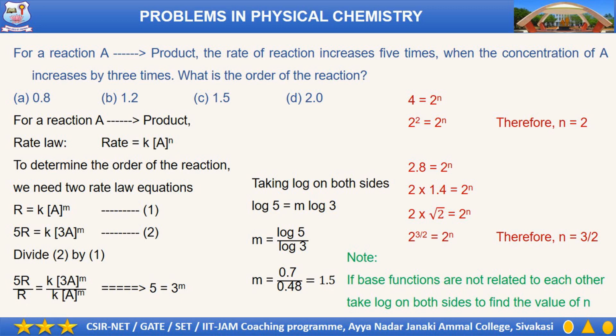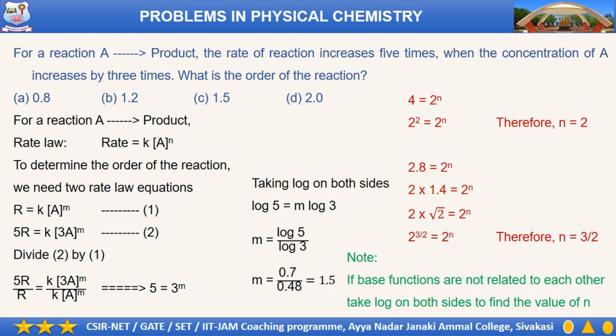Then we have to change the concentration of A. The concentration of A is increased by 3 times, so the concentration becomes 3A power M. When the rate increases 5 times, that is 5 into R. Do you understand how I have incorporated the values in the rate law equation?